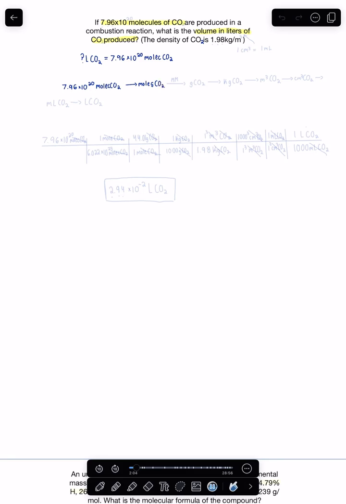And we will do this using Avogadro's number. And then from moles, we are going to use the molar mass. I'm going to do mm to represent that, to convert it into grams of CO2.